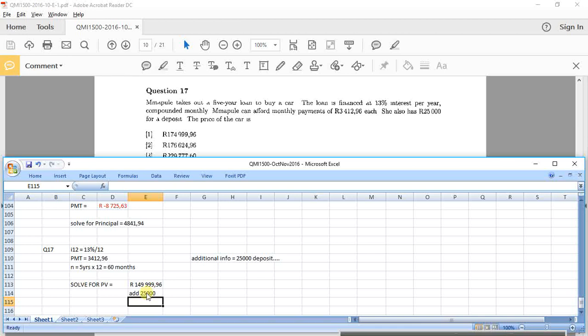Did you put the right payments? Did you solve for future value? Redo it on the calculator. Something went wrong. Then this plus 25,000 gives you 174,999.6, option 1.